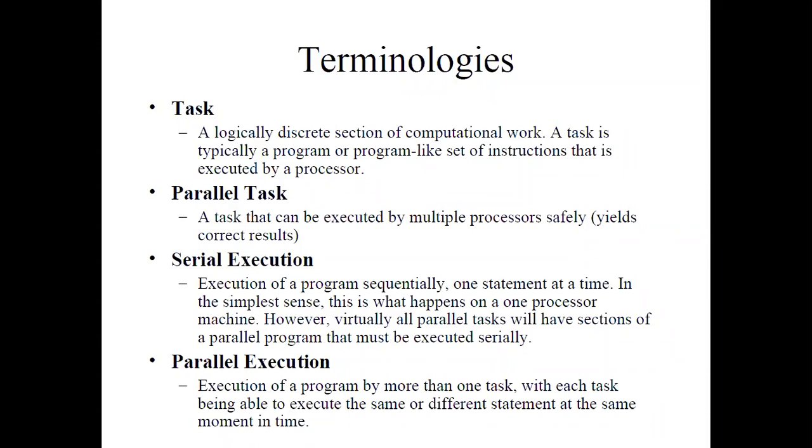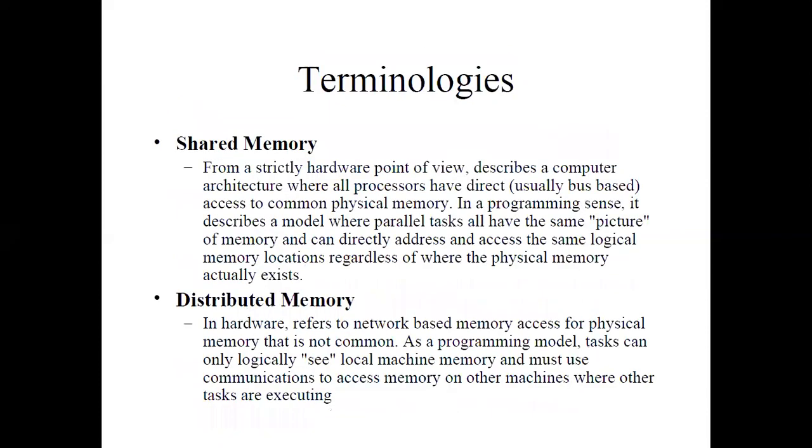Then there is serial execution, where one by one the instructions will be executed in a serial manner. Then there is parallel execution. Yesterday also we talked that one or more tasks can be executed parallelly. That is called parallel execution.